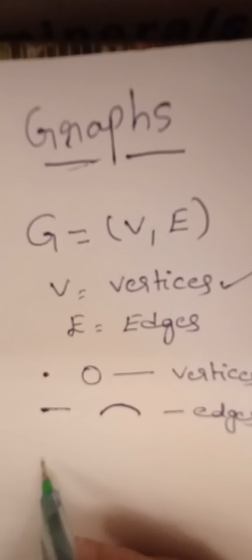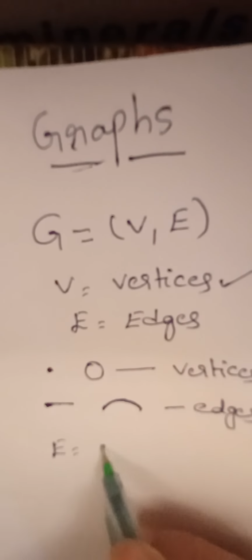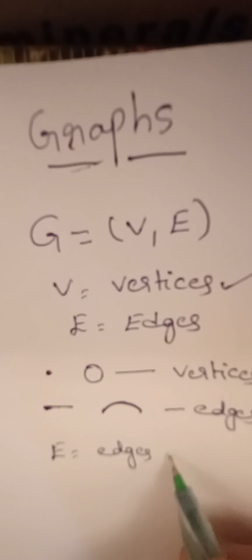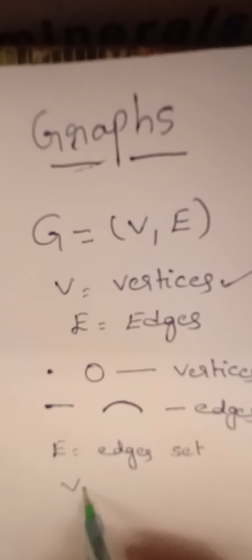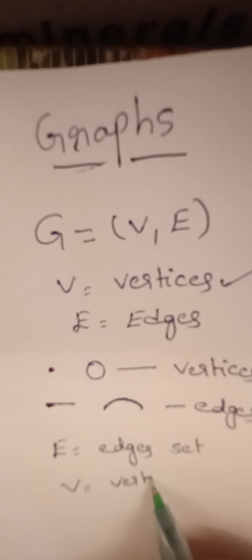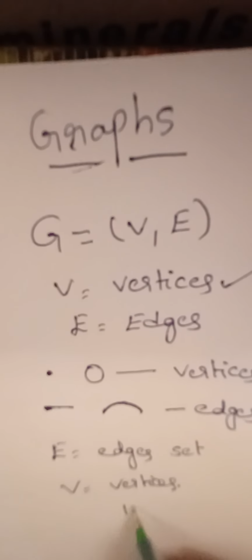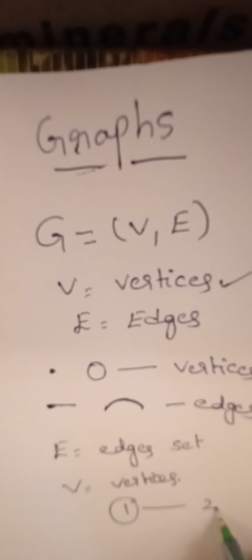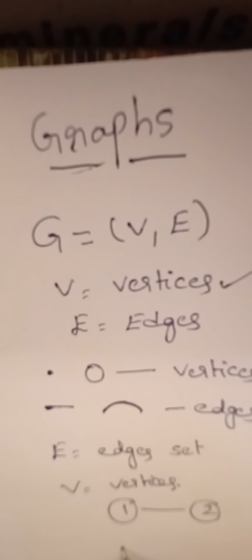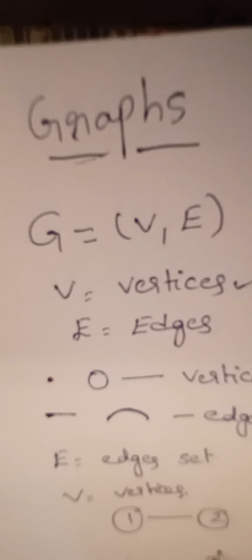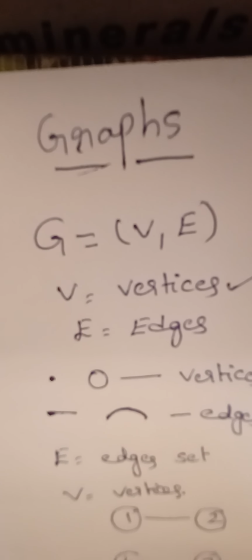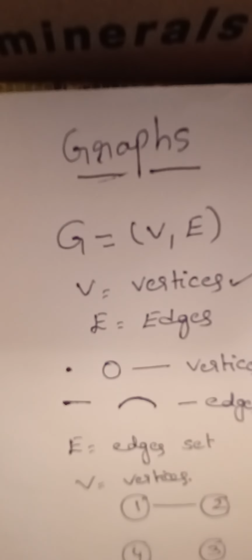So these are some examples. Capital E is equal to the edge set and capital V is equal to the collection of vertices. Here I will take an example for a graph.